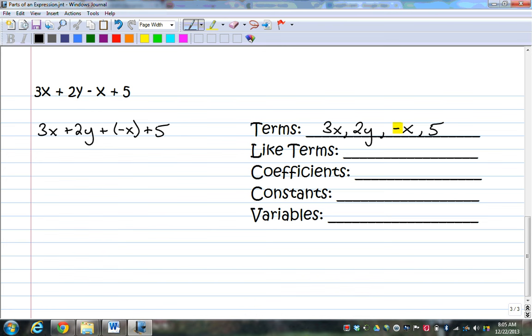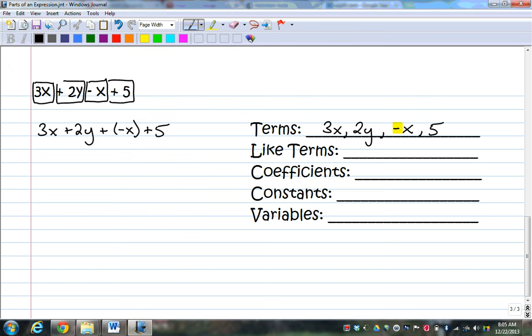You add the opposite, and then you'll remember. Or what you could do is you could just look at it like this. You could say, you know what? This right here is the term, a negative x. This is the term, a positive 5, a positive 2y, and a positive 3x. You could look at that like that. Okay? That, I think, is the easiest way. Just to box it and then look at that as the sign.